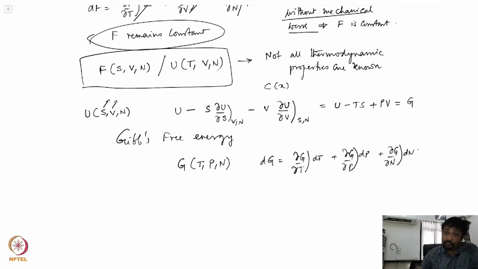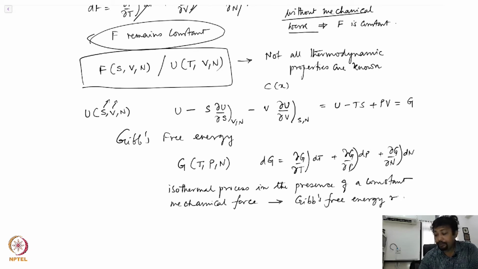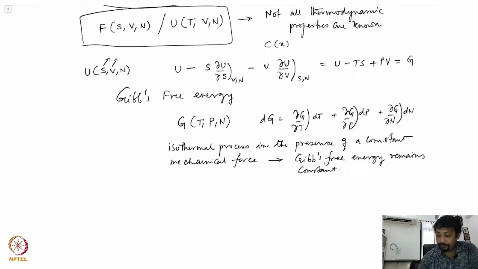In the presence of a constant mechanical force, in an isothermal process, the Gibbs free energy remains constant.